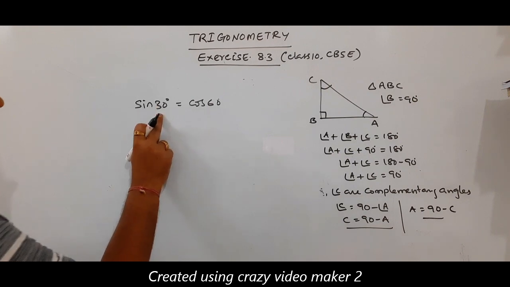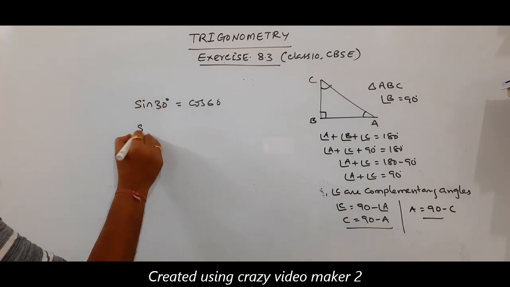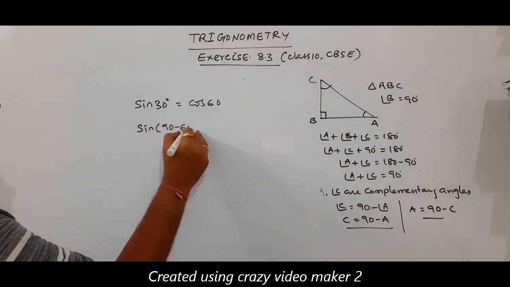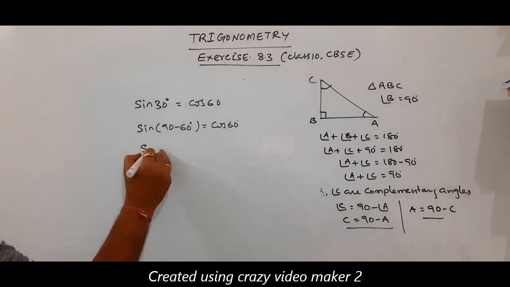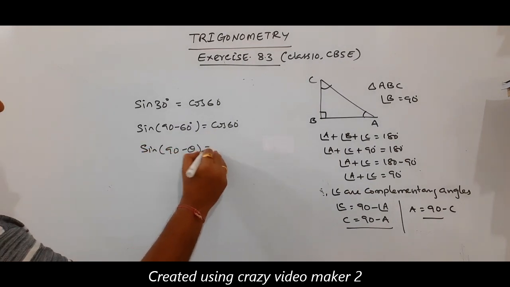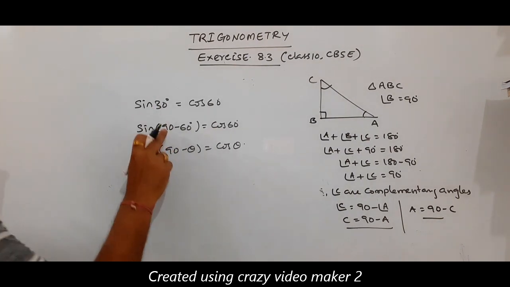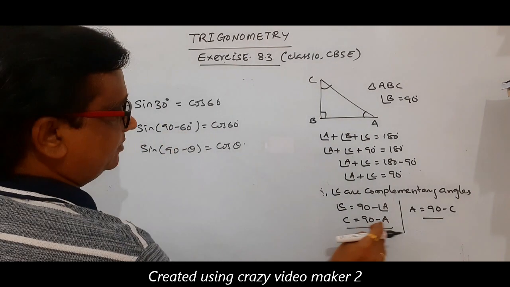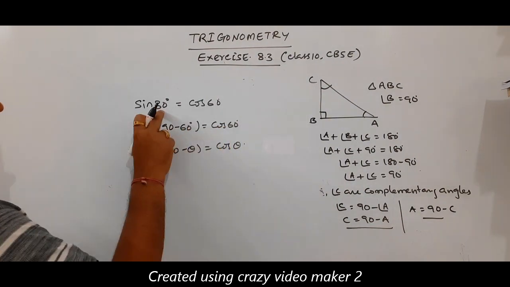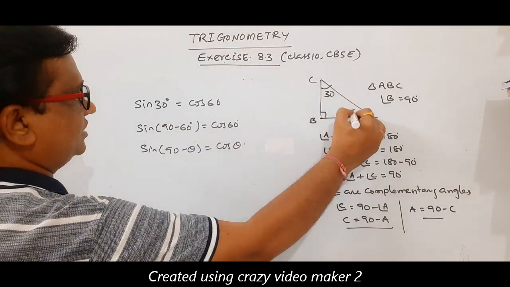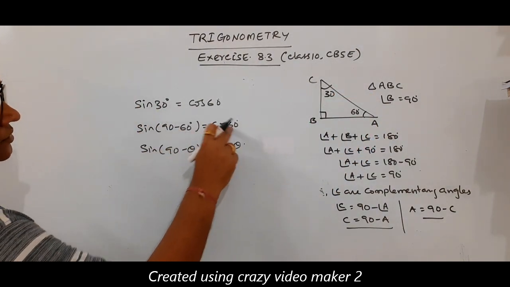So 90 minus 60: you can write sine of 90 minus 60 equal to cos 60, because sine 90 minus theta equal to cos theta. So 30 is converted into 90 minus 60.